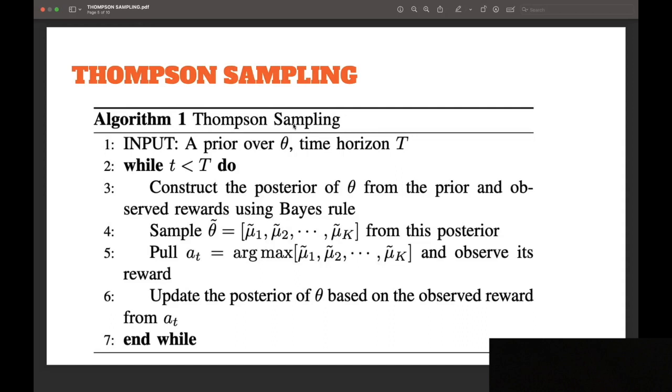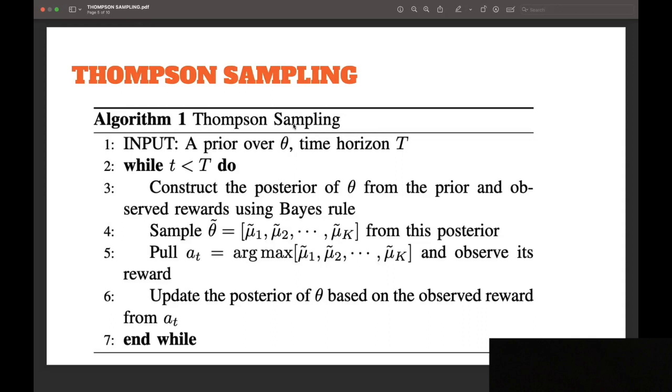In the fourth step, the algorithm samples from this posterior distribution to obtain a sample for each slot machine. In the fifth step, the algorithm recommends the slot machine with the highest sample value to the user.